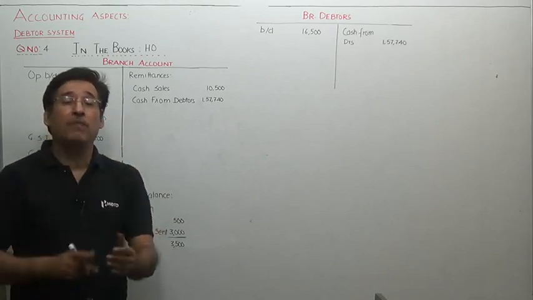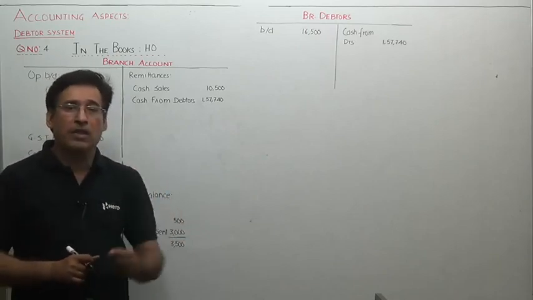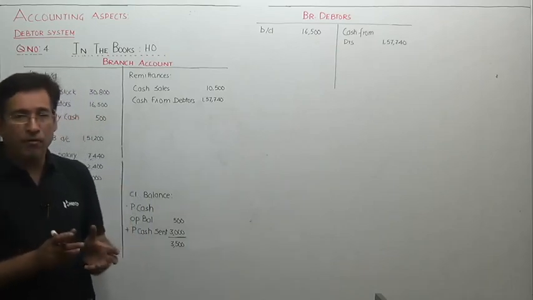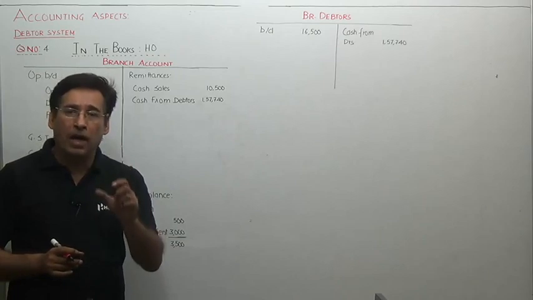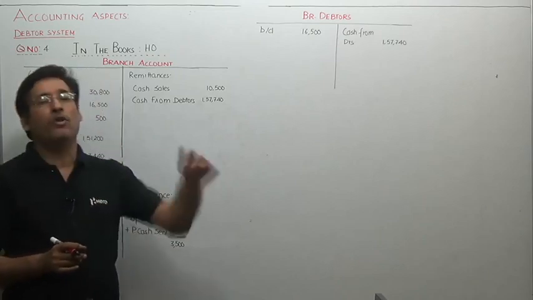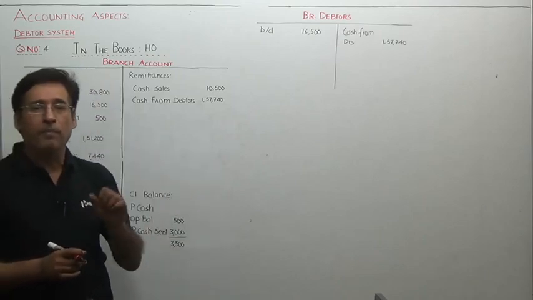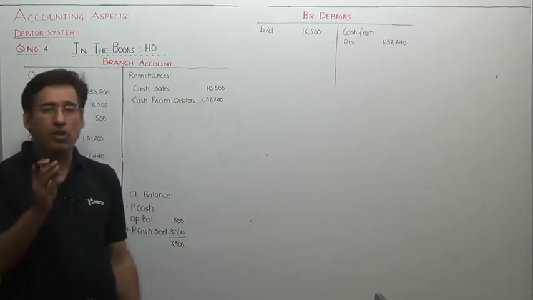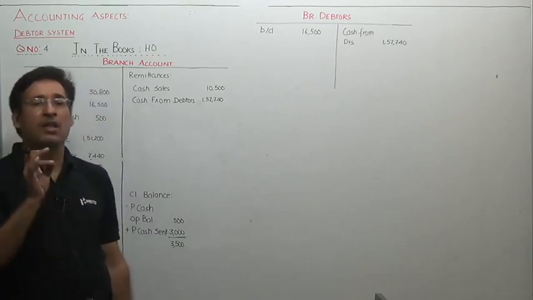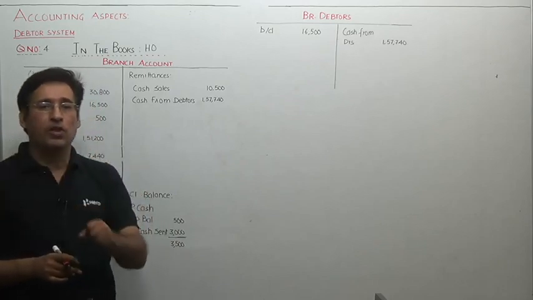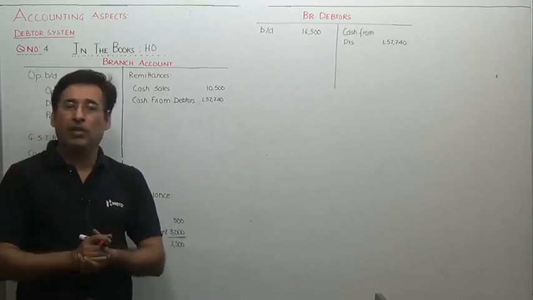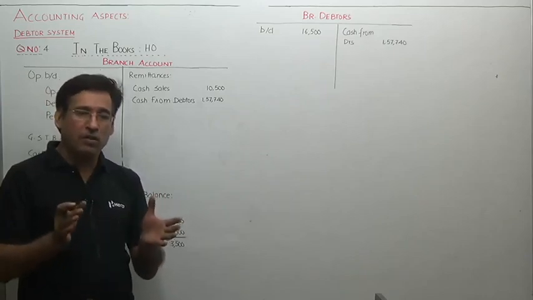But as far as branch manager's expenses are concerned, it signifies the amount spent by the branch manager out of petty cash available with him. Is it clear to you?